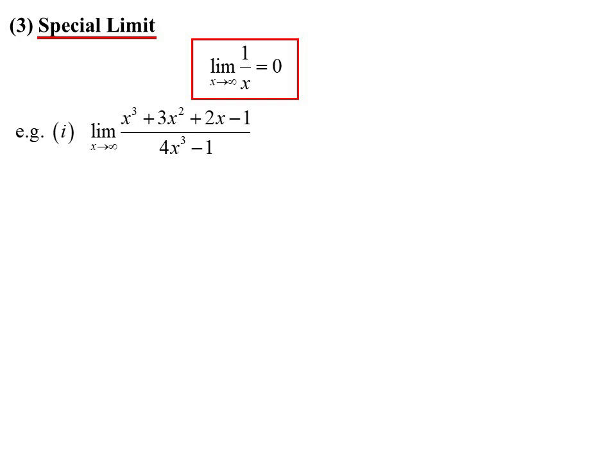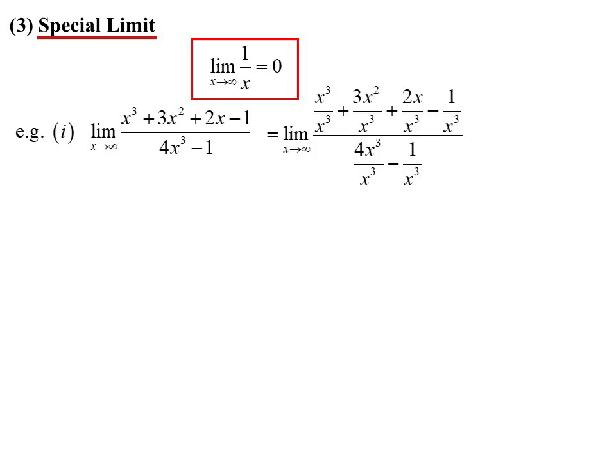Plus 3 times really big squared, so plus 2 really bigs, minus 1, who cares? On the bottom, I'm going to have 4 times really, really, really big, minus 1, what have I got? But if I divide everything by x cubed, I now get a situation where I'm substituting infinity into the bottom of the fraction.